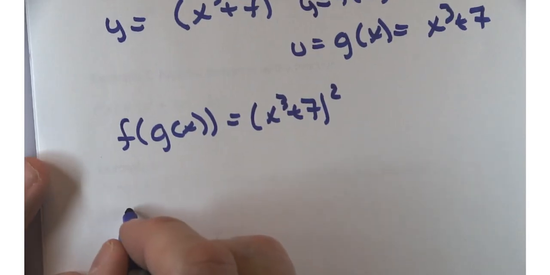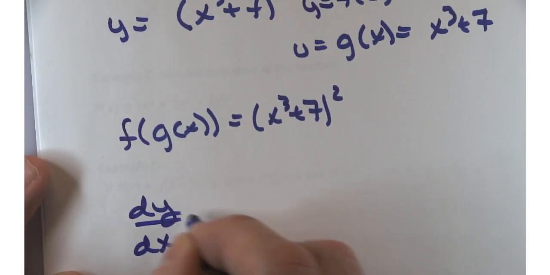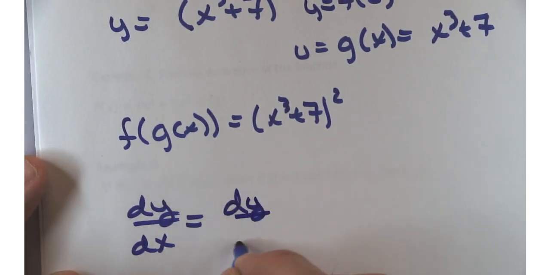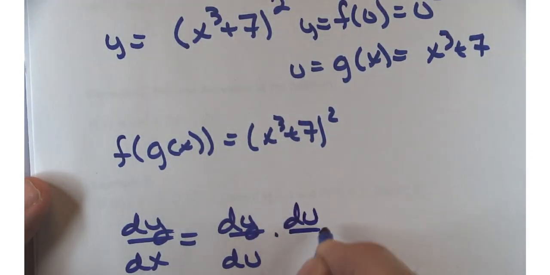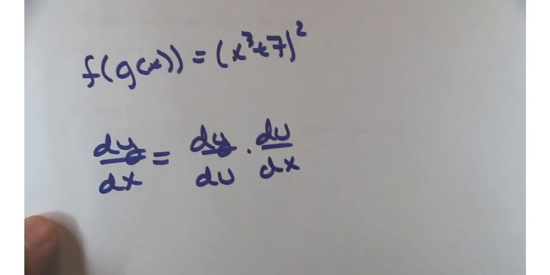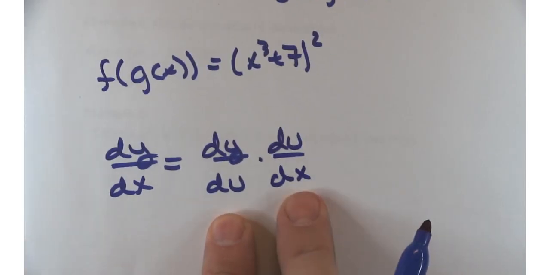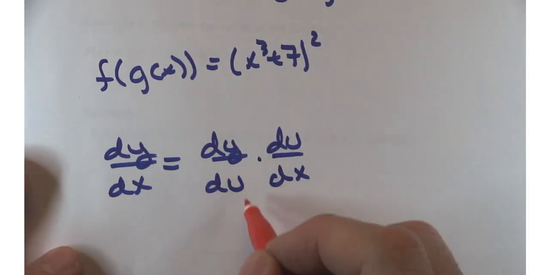So if I wanted to differentiate dy by dx, I could think of it first as differentiating y with respect to u, and then differentiating u with respect to x. So differentiate y with respect to u and u with respect to x. This is the advantage of this notation with Leibniz. What does it look like you could do here?